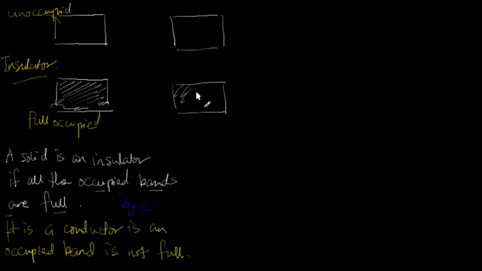Maybe this is fully occupied, and this band here is partially occupied. So this is not full, and that is again full. So what I have here then is a band that is not full, and if I have a band that is not full, it's a conductor.